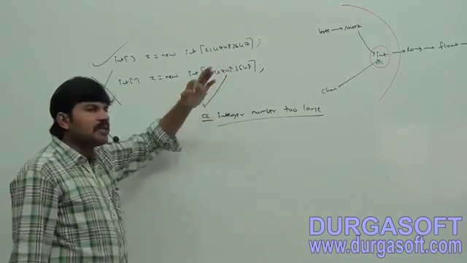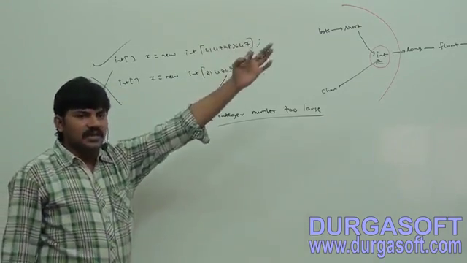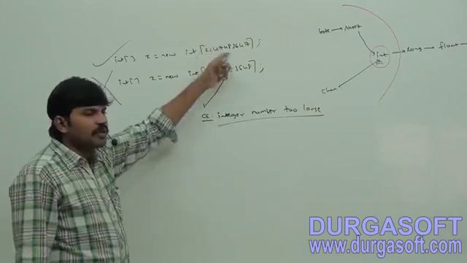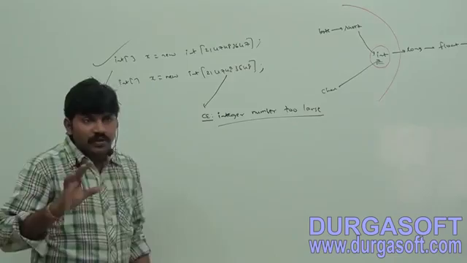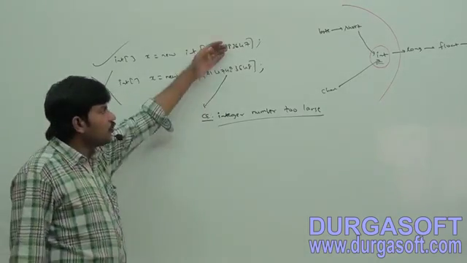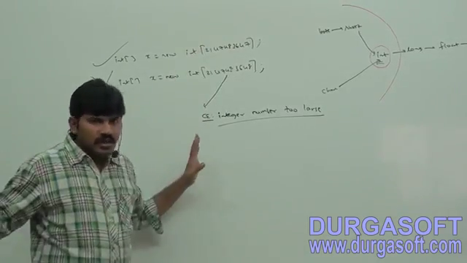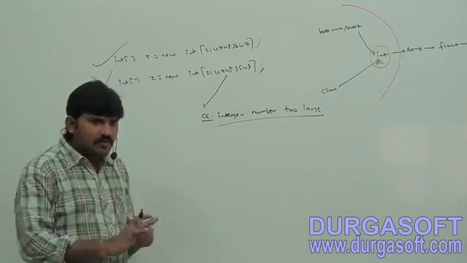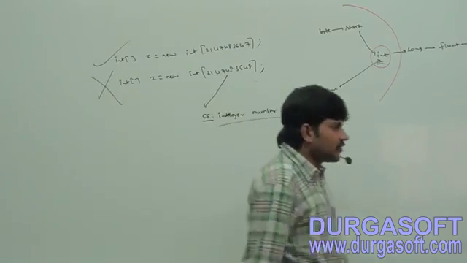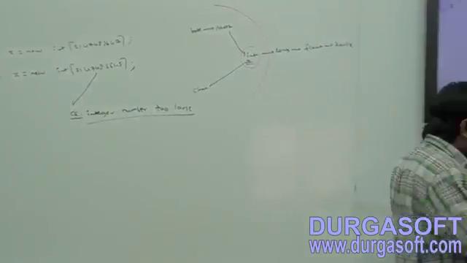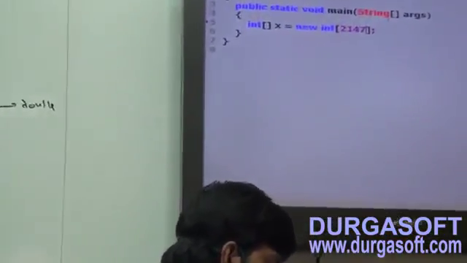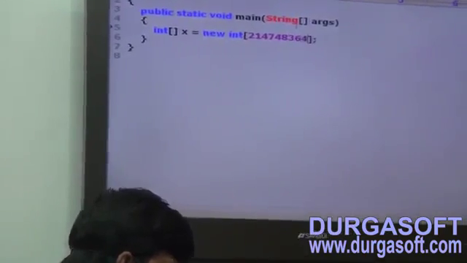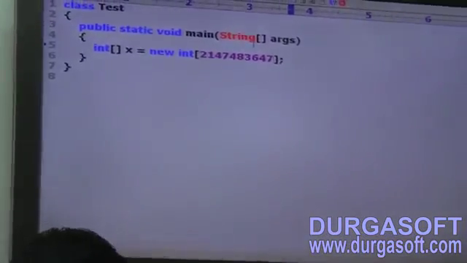So here the maximum allowed array size in Java is 2147483647, the maximum value of the int data type, right? If we go more than that, it is not possible. The array concept is not at all helpful there. Now observe this one. int[] x = new int[2147483647]; valid or not?